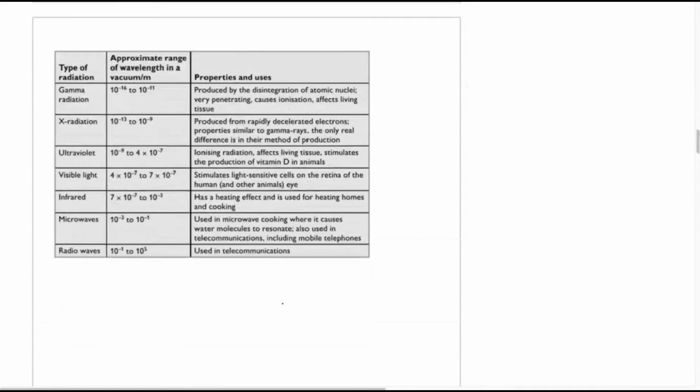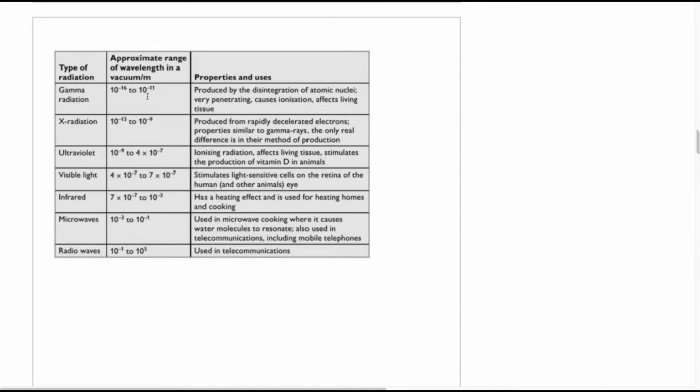We also need to roughly know about the radiation's wavelength. Okay, let's see. We have the gamma radiations. First one, gamma radiations, the wavelength is 10 to the power negative 16 to 10 to the power negative 11.